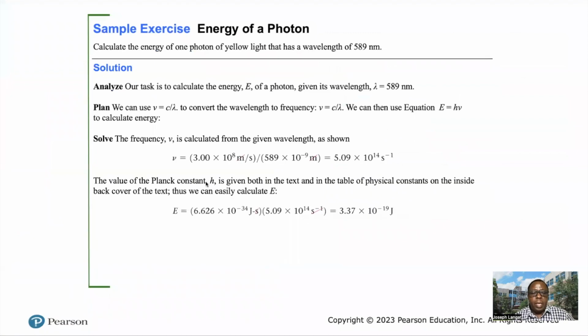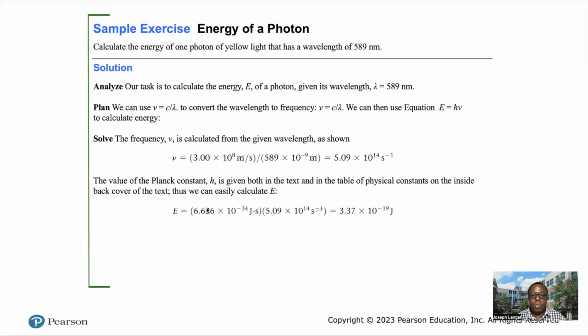Plugging in that, this is the speed of light, right? You see how we have changed the wavelength from nanometers to meters using the appropriate conversion factor. And this is the frequency, and plugging in the equation, okay?